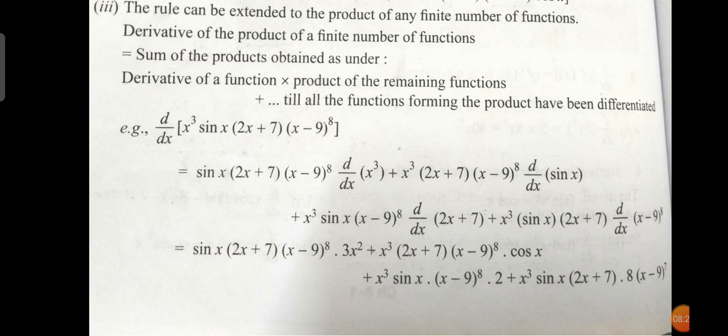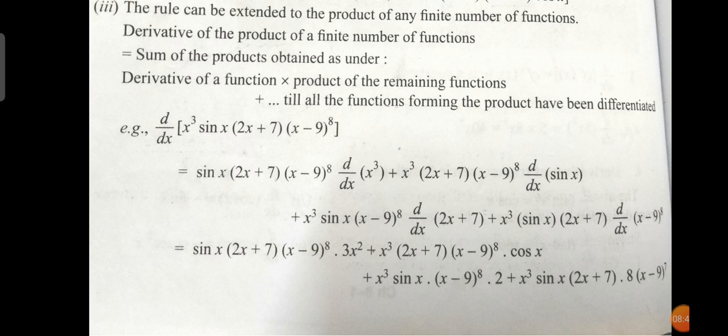First the derivative of the first function, or any of the functions, and then the product of the remaining functions, plus so on, till all the functions forming the product have been differentiated. All the products should be there, and at least one function should be differentiated.